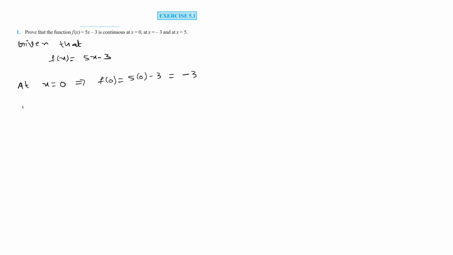Next, the left hand limit. The left hand limit is nothing but 0 minus, so the limit as x tends to 0 minus of f of x, which is 5x minus 3. If in place of x we substitute 0, 5 into 0 minus 3 is equal to minus 3 only.